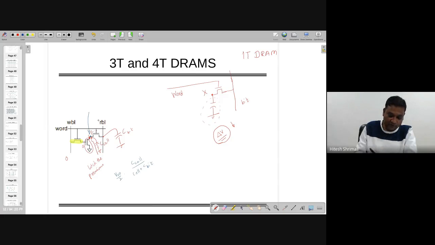Notably, when it's logic 1, the transmission of logic 0 is seen. So here, a stronger signal is possible, or I would say a bigger delta V is possible compared to this one. And that's how, even if your sense amplifier is a little bit weak, it's going to work without any problem. So this was one of the techniques, which actually has 3 transistors. That's why it's called 3T DRAM.